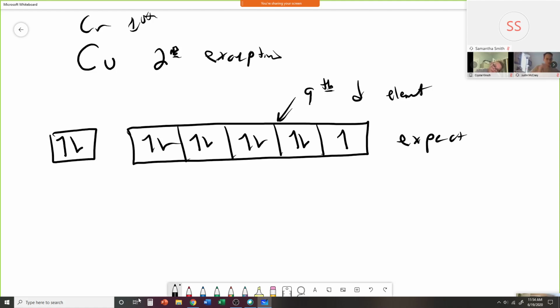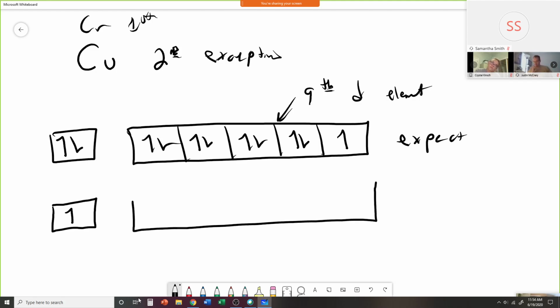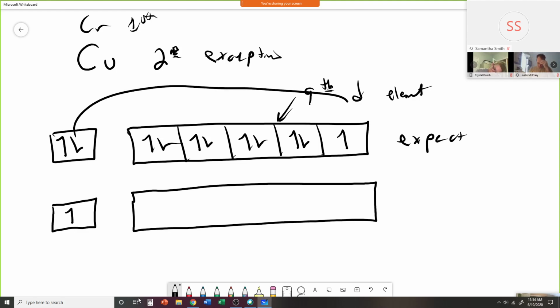So what actually happens is it's very similar with chromium. One of those electrons gets promoted. Guess what? Right over to there. And so now we have, this is actual.